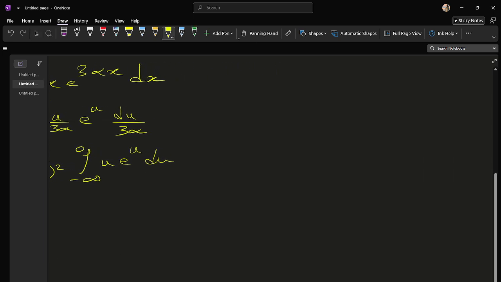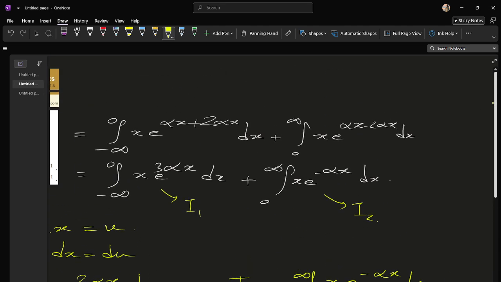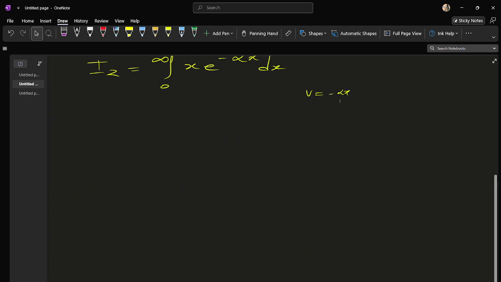Now let us take I2. I2 equals the integral from 0 to infinity of x e to the power minus alpha x dx. Let v equal minus alpha x. Then minus alpha dx equals dv.